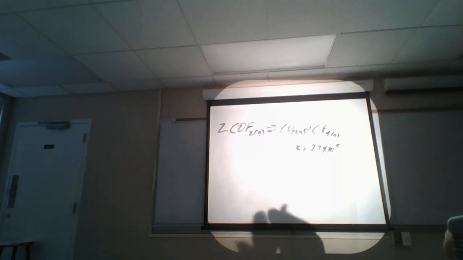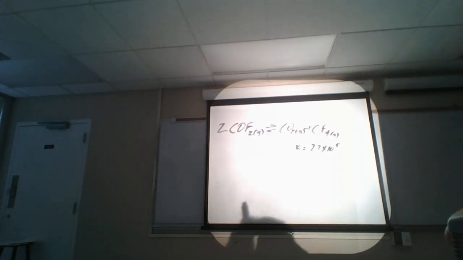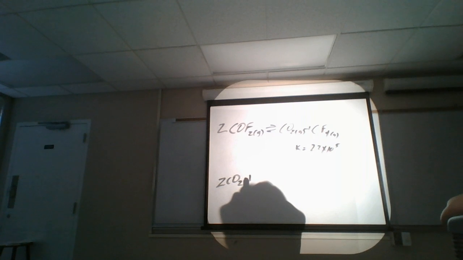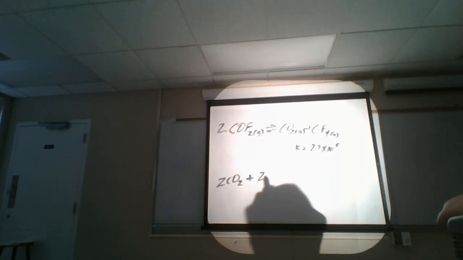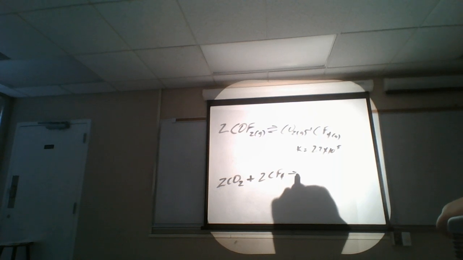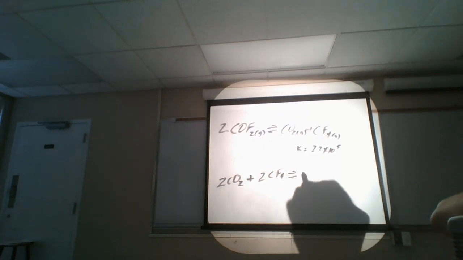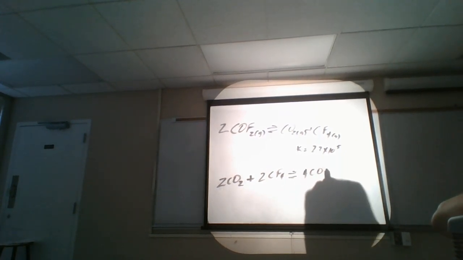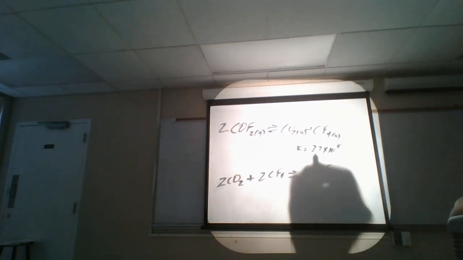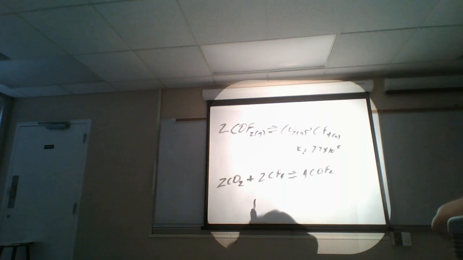They want me to find K for this reaction: 2CO2 plus 2CF4, leaving off the gases for convenience sake, goes to 4COF2. Now, I know K1 was this.